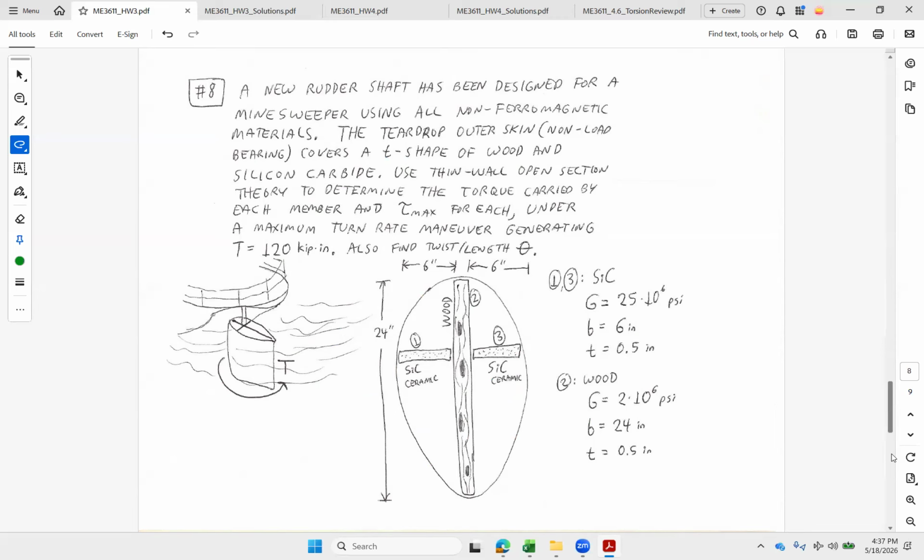They're 6 inch by half thick. Wood spar is also half inch thick, but 24 in the long direction, and then a much lower modulus. We've got max torque from a turning rate maneuver, and we want to figure out what is the torque carried by each one, what's the stress in each one, and then our twist per length for that rudder shaft.